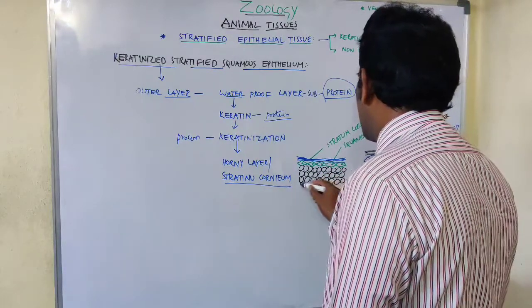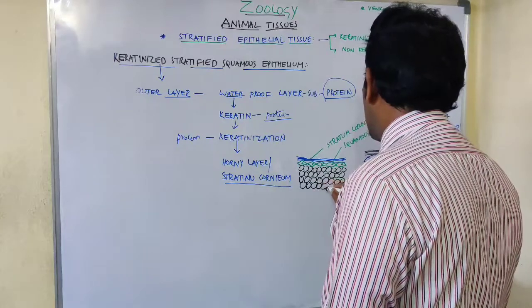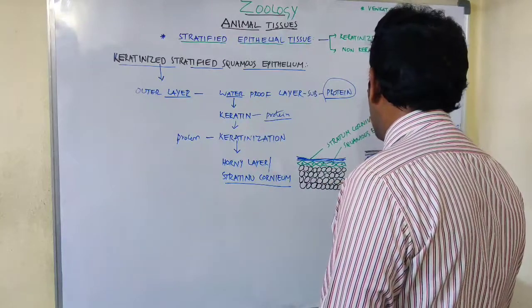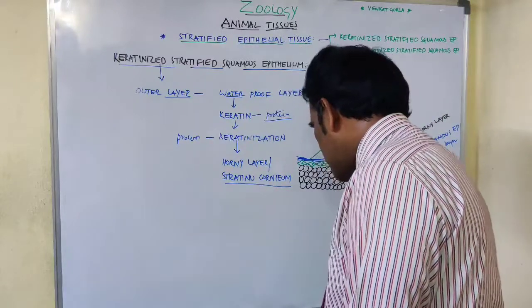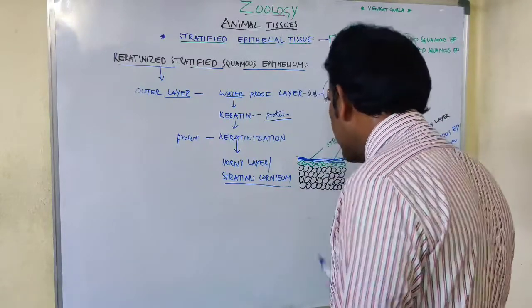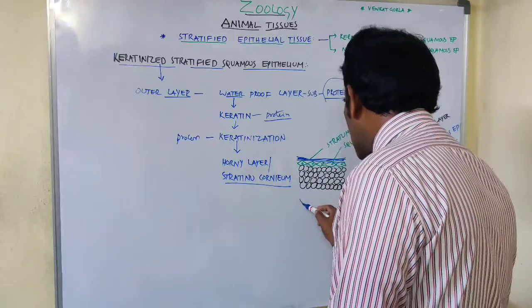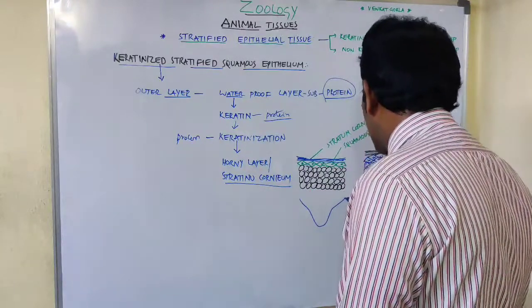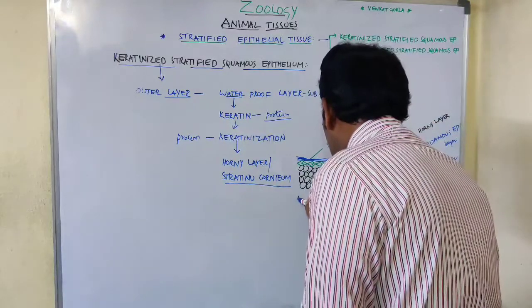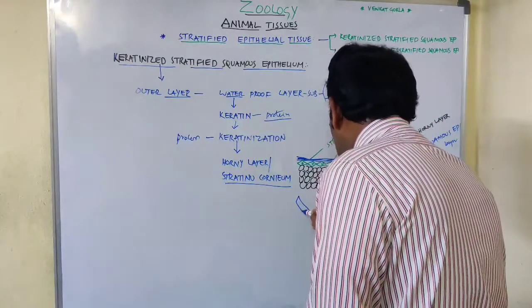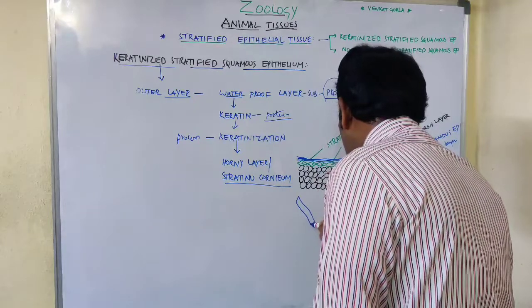So these are called the multi-layers, the middle layers of the tissue. Another one is the end part, on the basement membrane: the deeper layer.